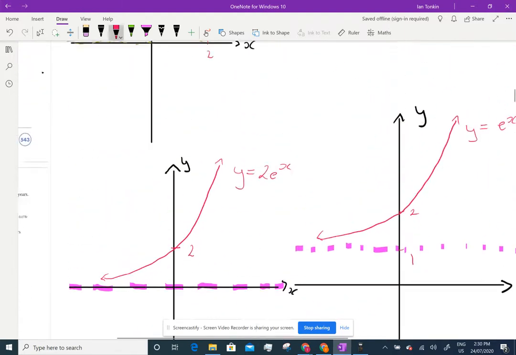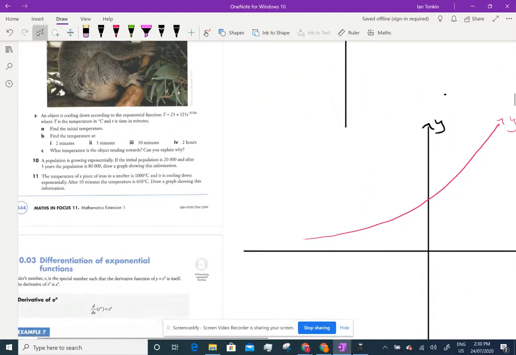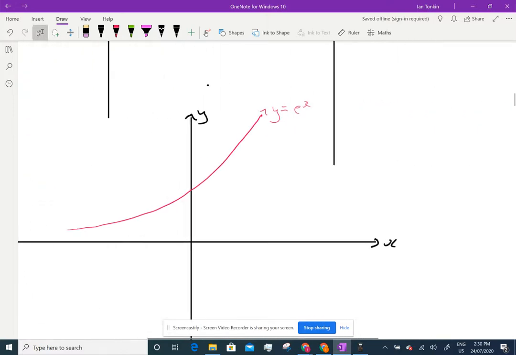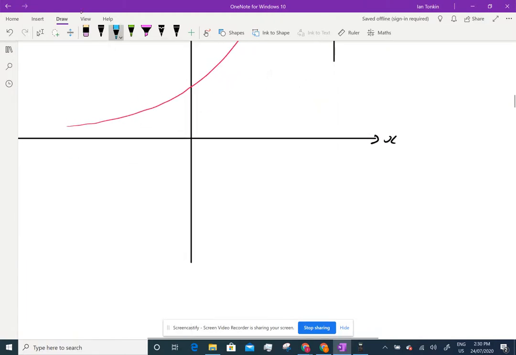Now, negative e to the x just flips it, and it flips it in the axis below, so in the x-axis. So it's going to be there, -1. That's y equals negative e to the x. And they have that same asymptote.